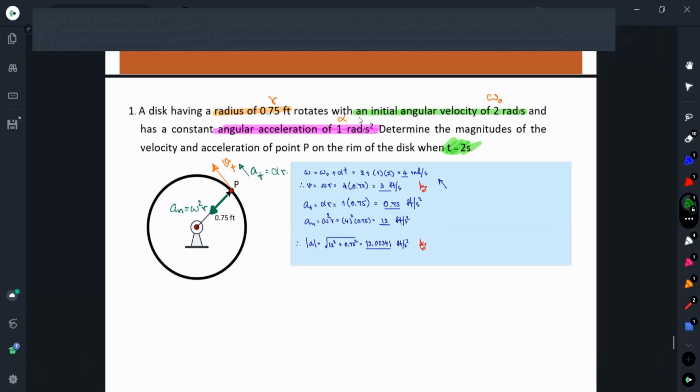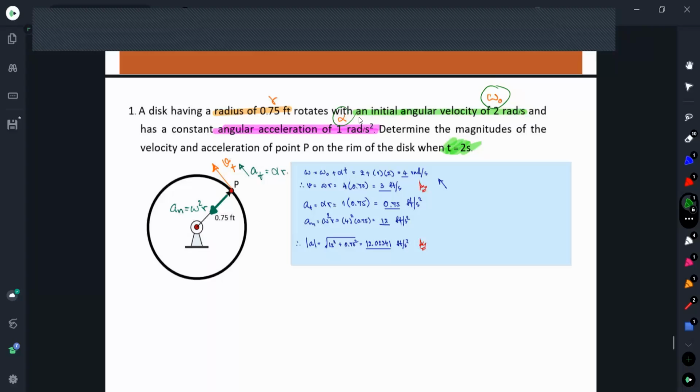The wheel rotates about the fixed point with initial angular velocity omega 0 equal to 2 radians per second and constant angular acceleration alpha equal to 1 radian per second squared.